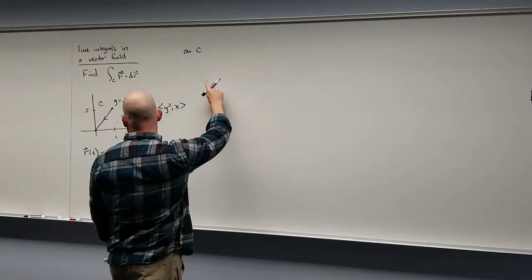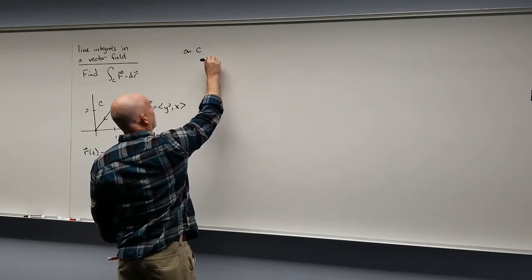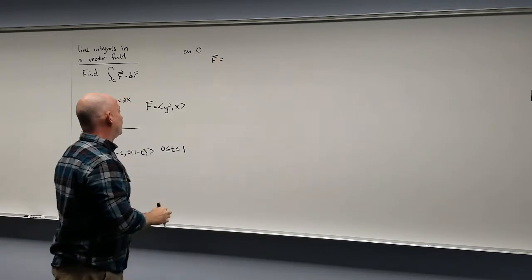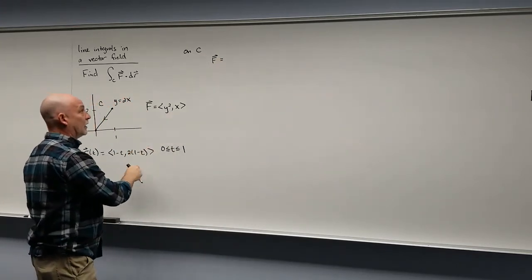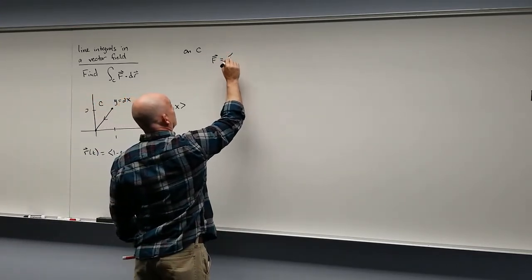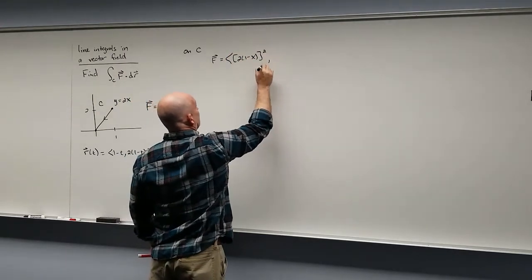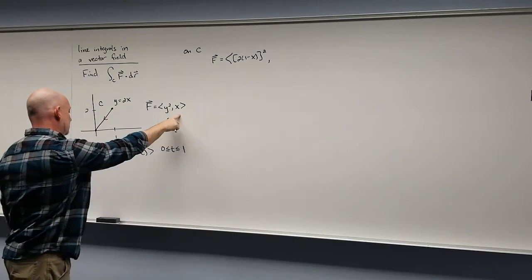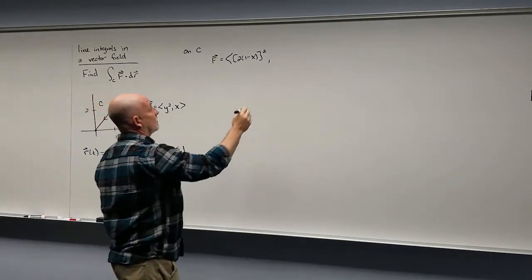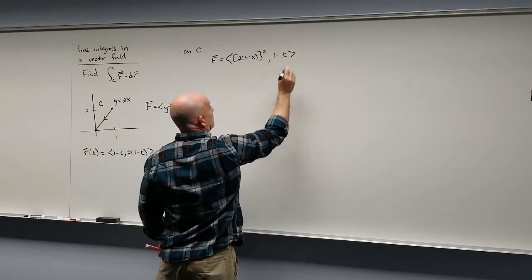So when we're on our curve C here, our field is going to be the y component squared, so 2(1 − t) squared, and just the x component, which is 1 − t.